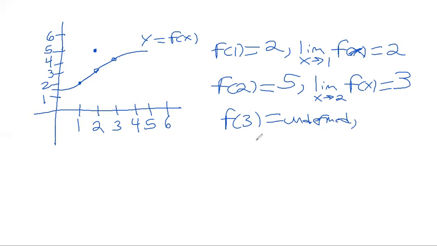Now suppose I want to find the limit as x approaches 3. The limit as x approaches 3 of f of x is just 4. So you see, at f of 3, the function's undefined. We have an open circle, but the limit is 4.